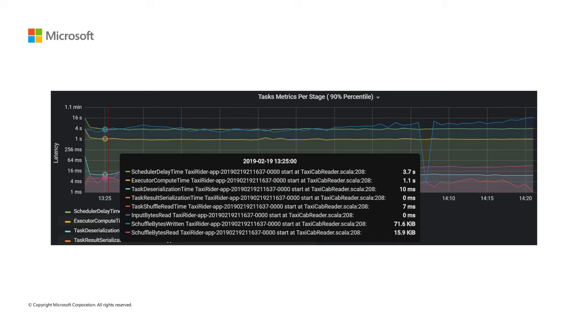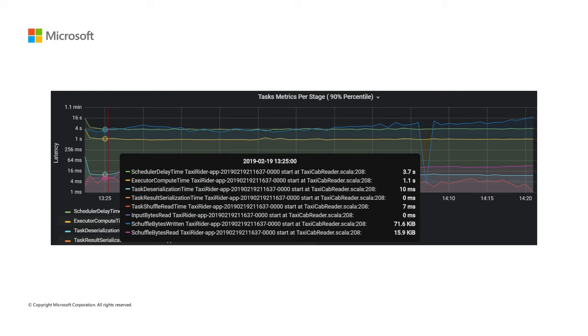Now, one thing I want to showcase here, and it may not be as simple to identify, but the first thing that comes to mind is serialization and deserialization. Are we having an I/O problem here? And as you can see, our task deserialization time and result serialization times were negligible, right? 10 milliseconds, almost 0 milliseconds for that. So great, we know that there is no I/O issue at this point.